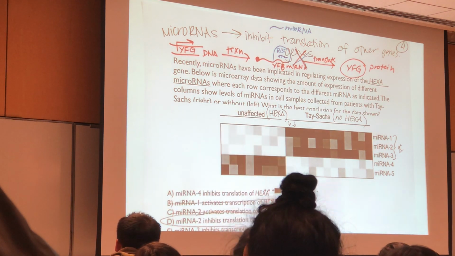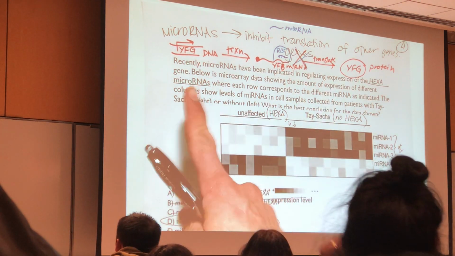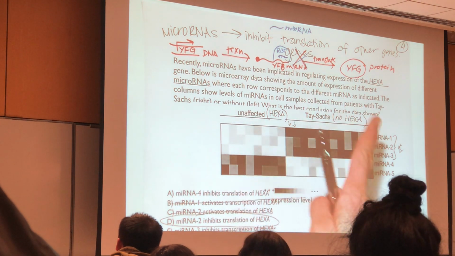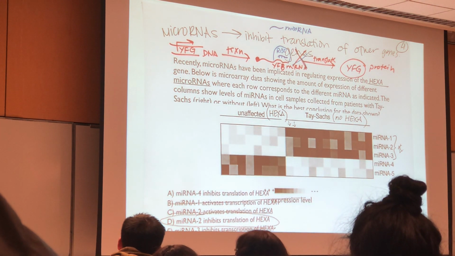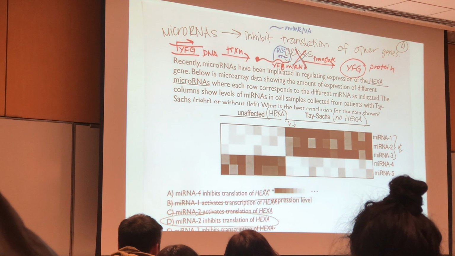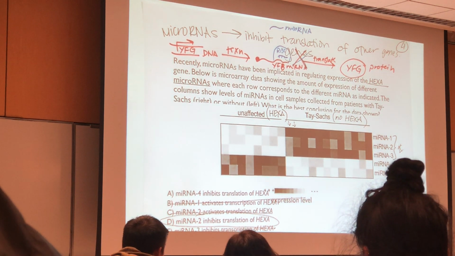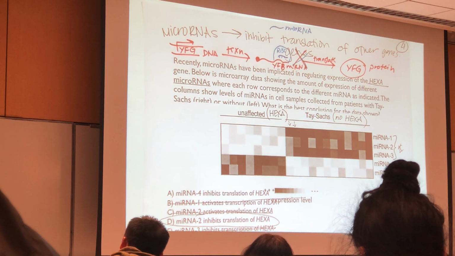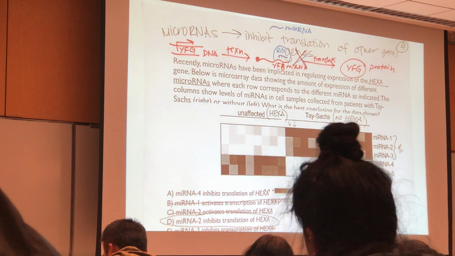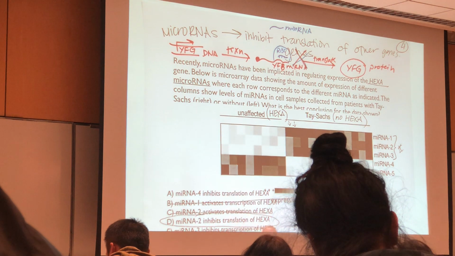This question, if it was on an exam, there would have been more words to describe that, like Tay-Sachs results when there's no hexa protein made, something like that, to let you know what the disease state results from. Any other questions about this, or what the data is showing you, or microRNAs?